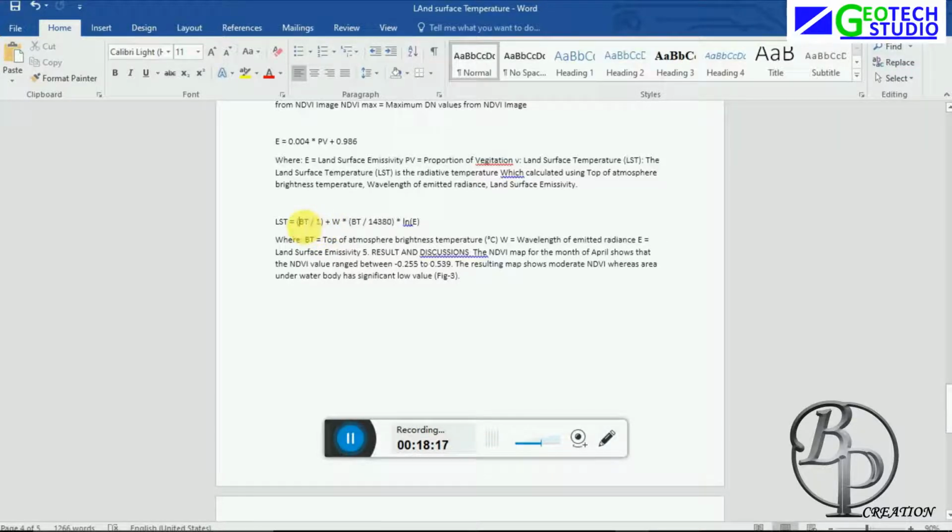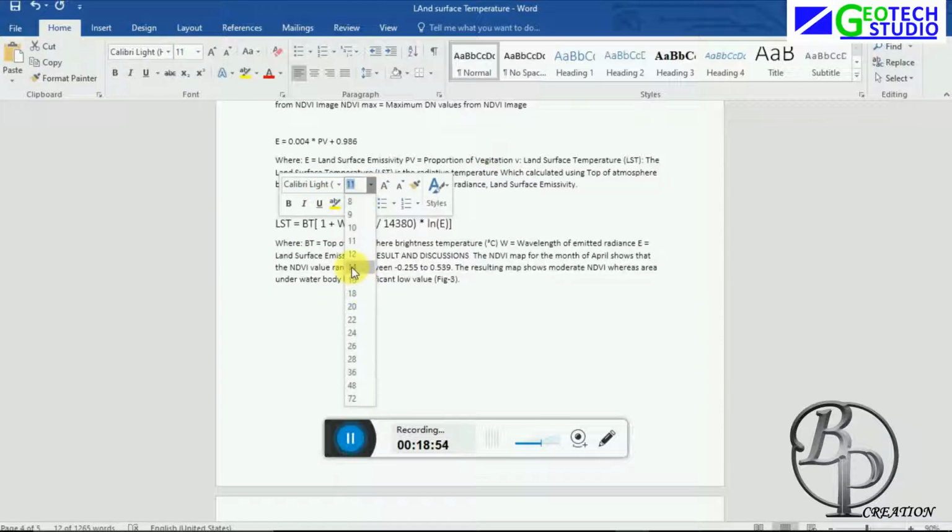It has got an error. I'm gonna use a bracket, no, not a curly bracket, a big bracket, and I'm gonna use it here. Now this is our land surface temperature formula.